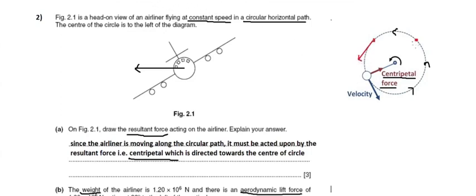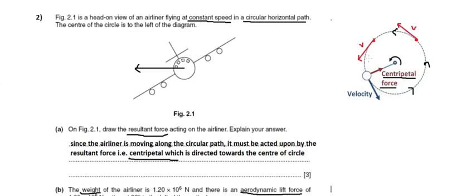And if I consider this point, at this point also velocity is always directed along the tangent. So what is happening at every point? The tangent is telling you the direction of velocity. Okay, this tangent is telling you the direction of velocity.